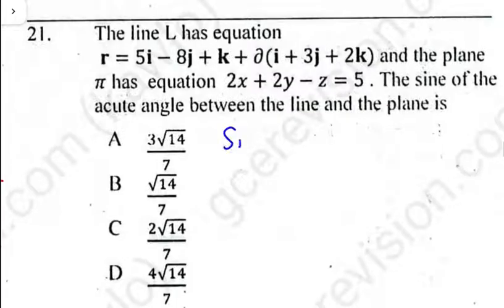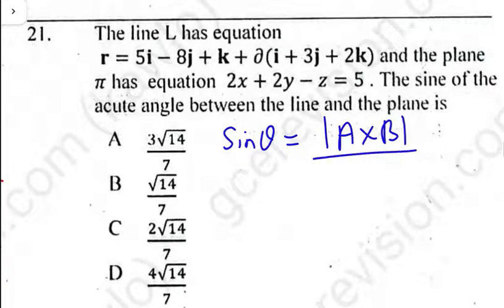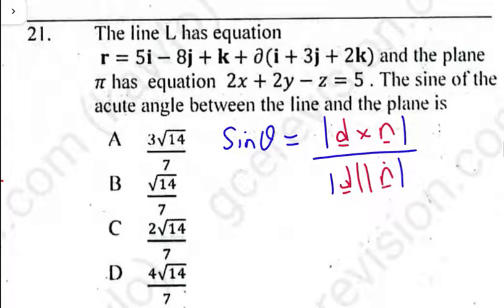So the sine of the acute angle, sine theta, is given by the absolute value of A cross B, all this on mod A, mod B. Since they are vectors, we'll write it as the modulus of the direction vector cross the normal to the plane, all this on the modulus of the direction vector times the modulus of the normal.